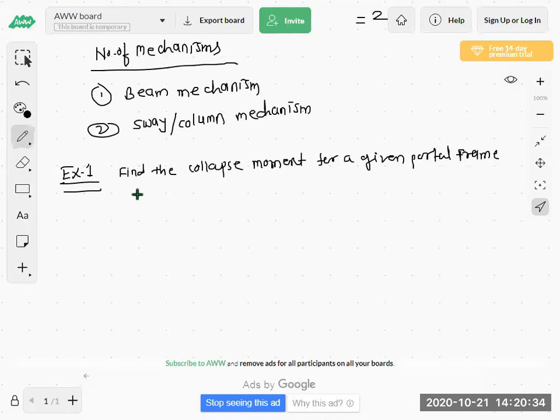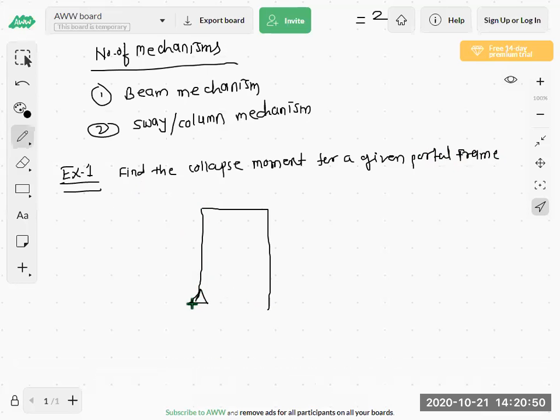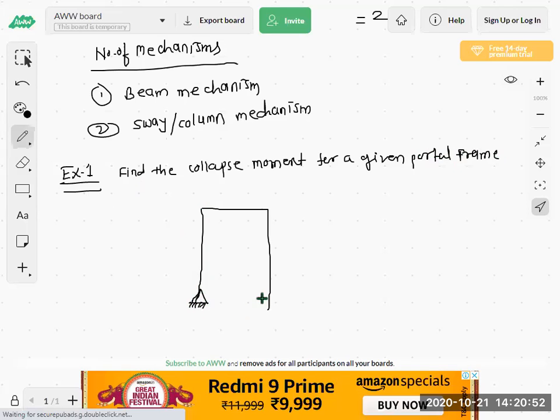So the figure is given, so I will draw the figure. Everyone, please draw the figure.